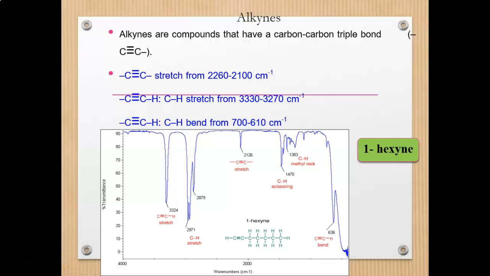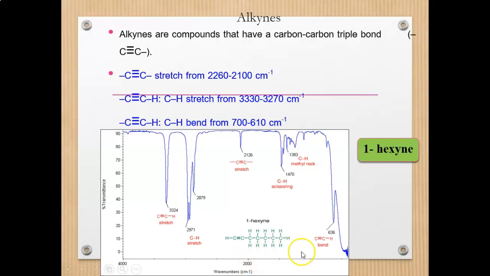Now we look at the alkyne. Okay, alkynes are compounds that have a carbon-carbon triple bond. Carbon-carbon triple bond stretch 2260 to 2100. Okay. So dia tengoklah kalau ada H kat belakang tu, so lain dia punya number dia.